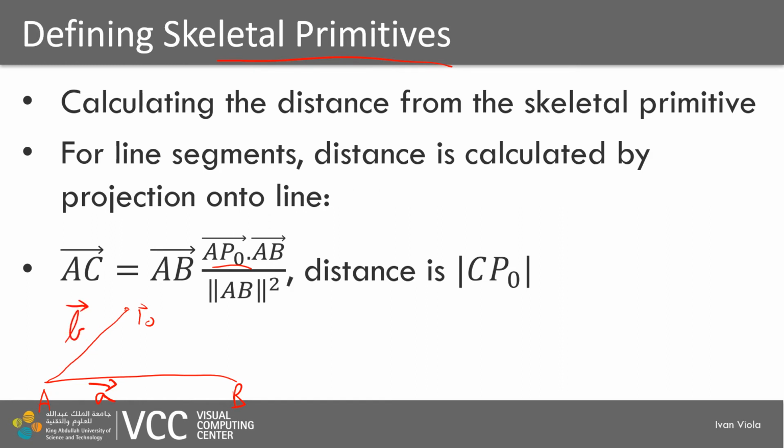The strategy here, in order to define the distance, is to find a projection onto AB, onto our vector A, a point C, which will form a right angle between the AB vector and CP0. We know AB and P0, but we do not know C, so we need to calculate C. Once we have that, we calculate the vector CP0, and then we define its length, and that will be the distance from the point P0 to AB.